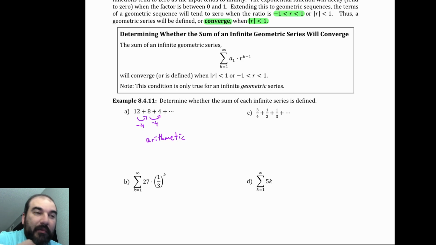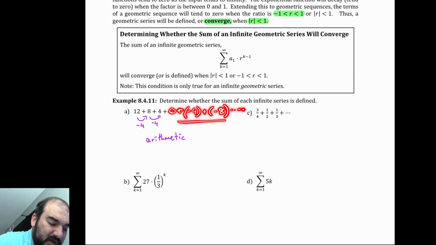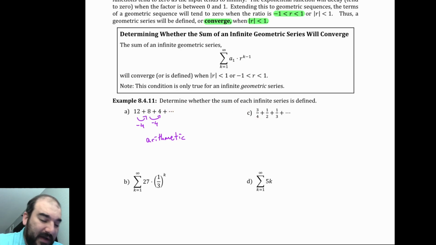And if we keep doing -4 -4, these numbers will eventually end up in the negatives. So the next one would be 0, the next one would be -4 and -8, and so on. And so we'll get infinitely many negative values added together. This series is going to diverge.